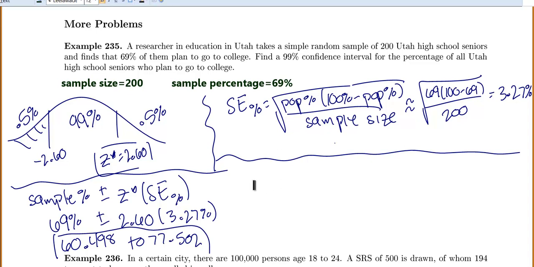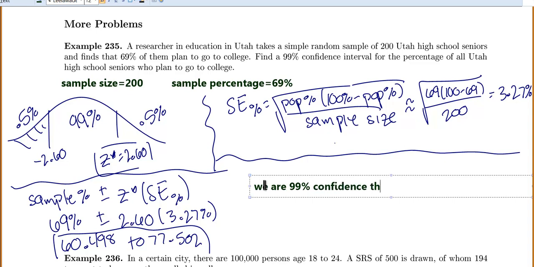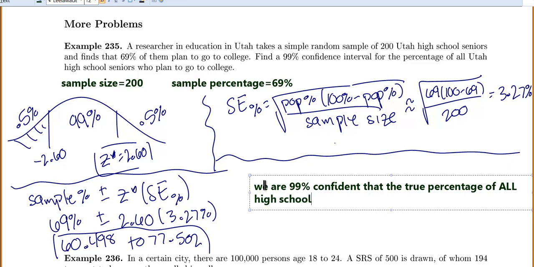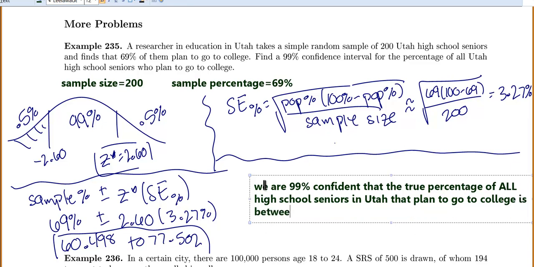And we can interpret it as we are 99% confident that the true percentage of all high school seniors in Utah, since I only talked about Utah, that plan to go to college is between 60.498% and 77.502%.